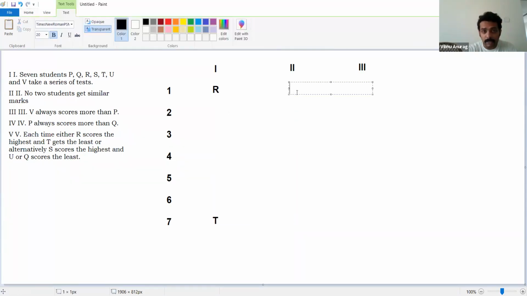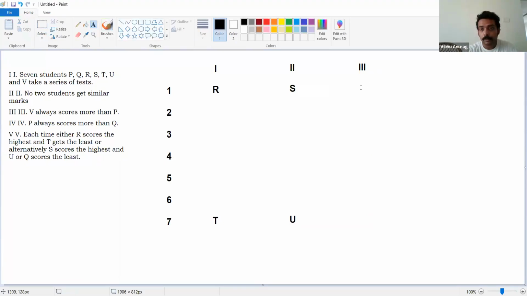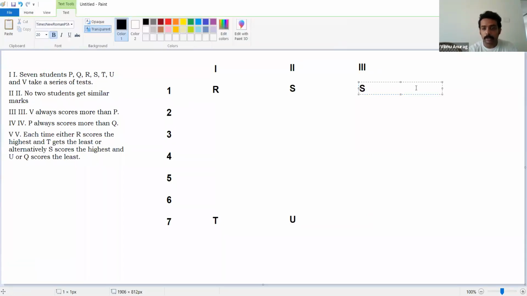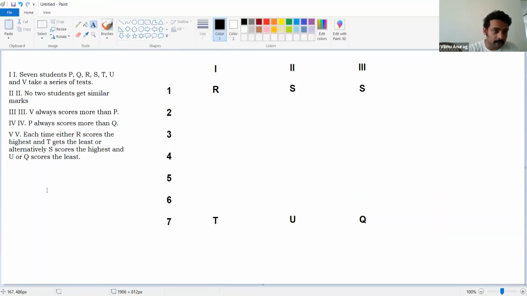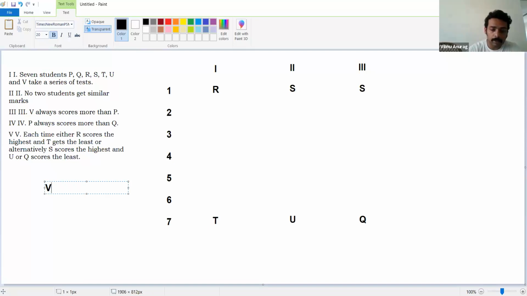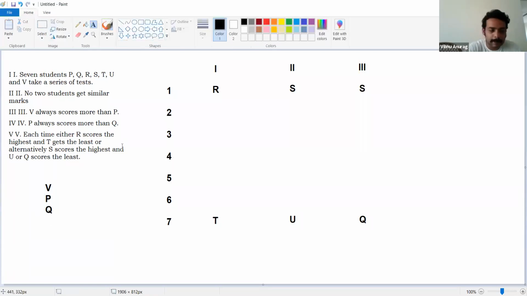Alternatively, S will score the highest, and if S scores the highest, then either U will score the least or S will score the highest and Q will score the least. We also have a side note that V always scores more than P and P always scores more than Q, though it's not really given that they are together. Getting it? Now, this is a question with imperfect information or incomplete information. So that's all we know. Now we have to solve each question with the information that's provided to us.